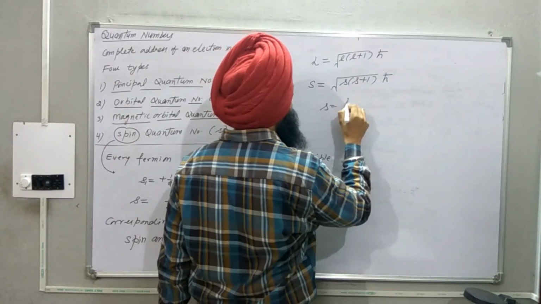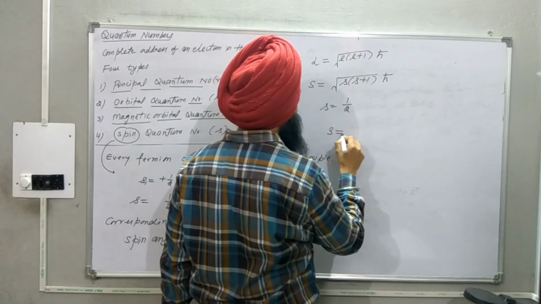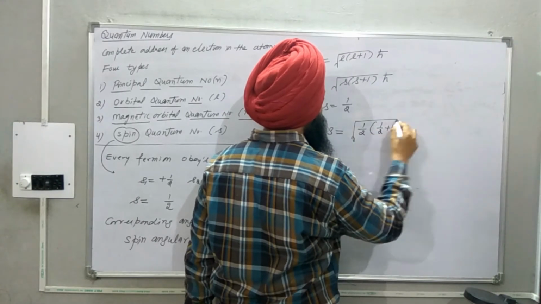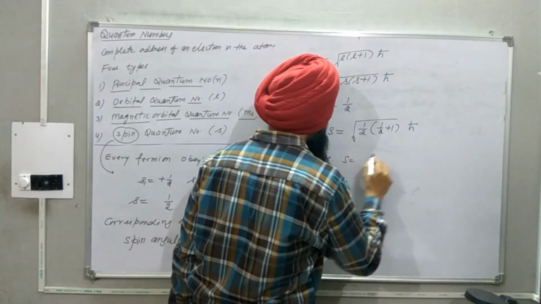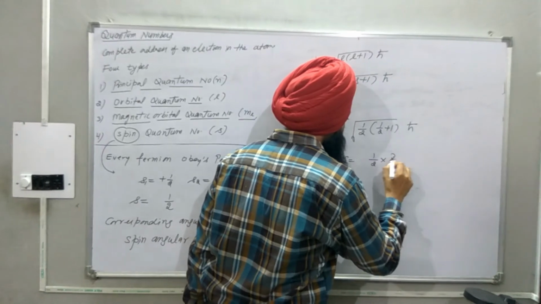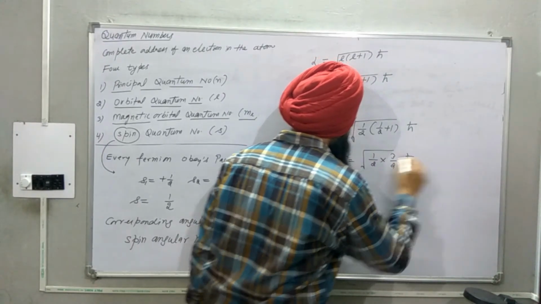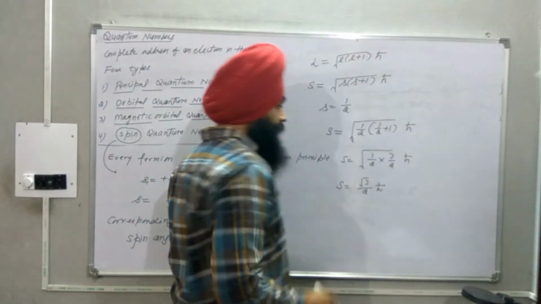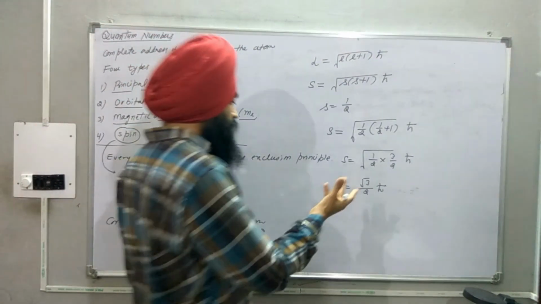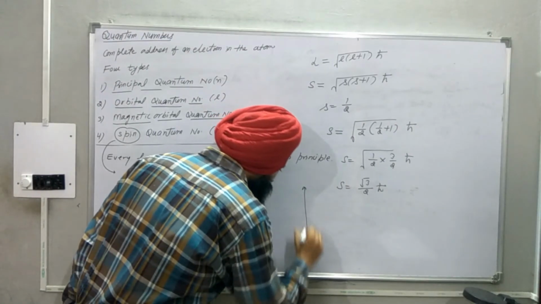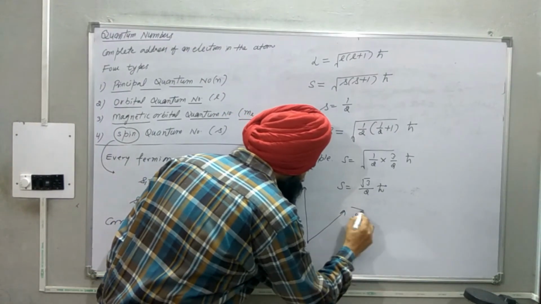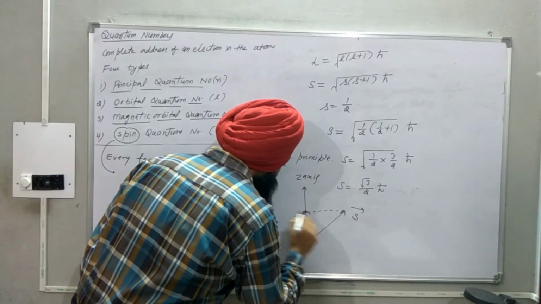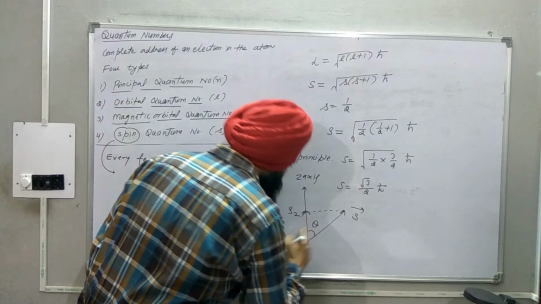Since the value of s is half, we have S is equal to square root of half into half plus 1, times h cut, which is under root 3 by 2 h cut. This can also be represented by the vector model. This is vector S, this is the z axis. Its projection on the z axis is called SZ, at angle theta.